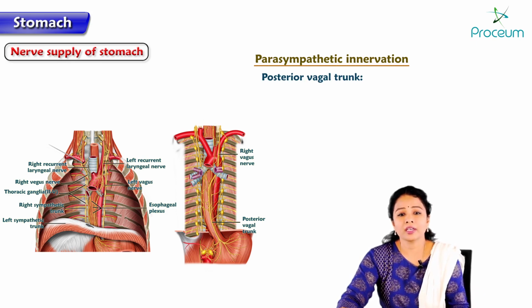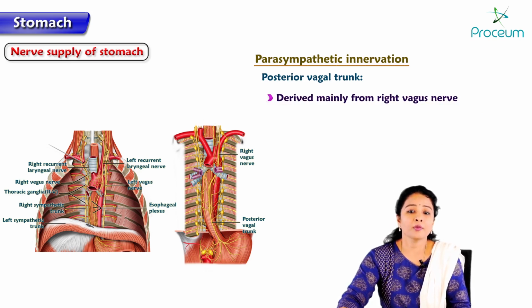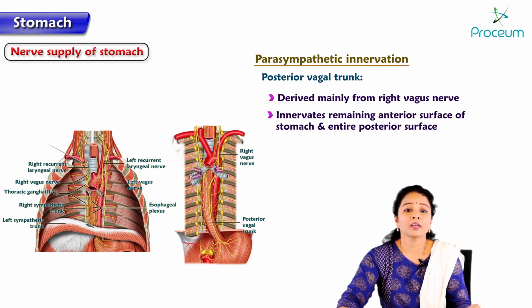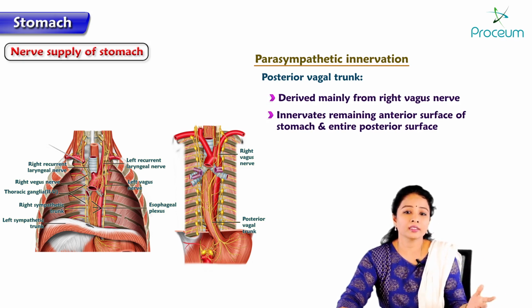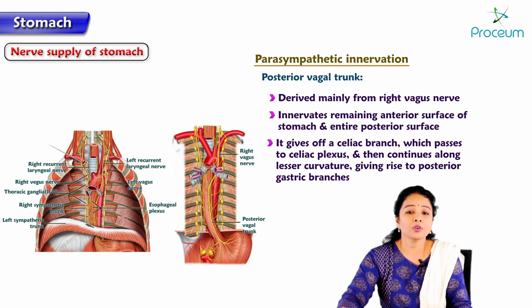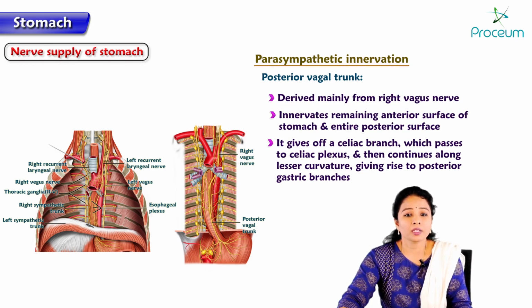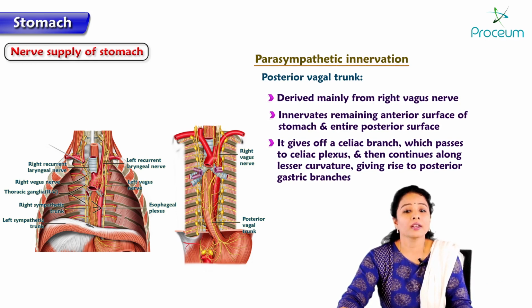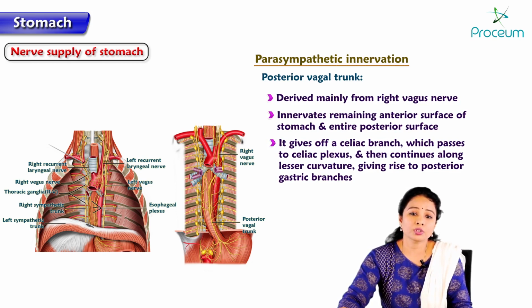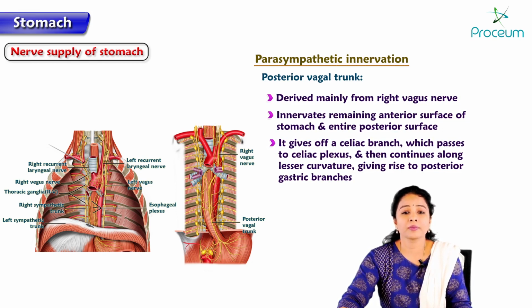The posterior vagal trunk is derived mainly from the right vagus nerve. It innervates the remaining anterior surface of the stomach and the entire posterior surface. It gives off a celiac branch which passes to the celiac plexus and then continues along the lesser curvature, giving rise to posterior gastric branches.